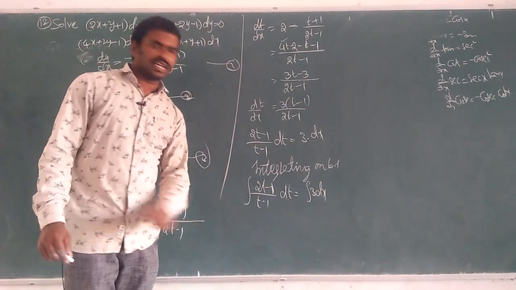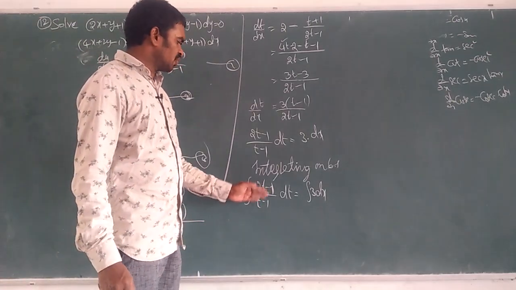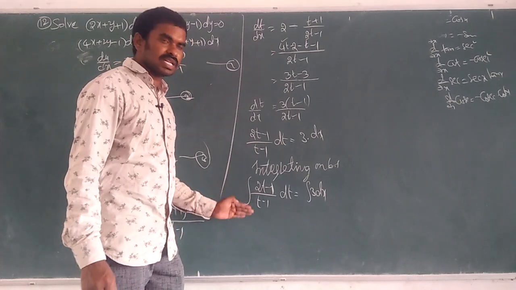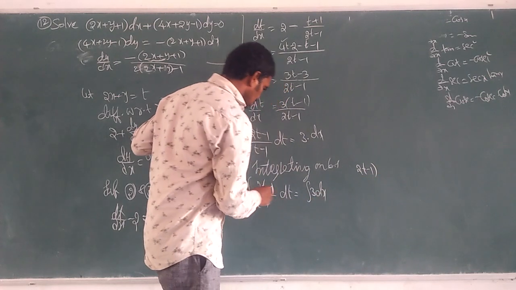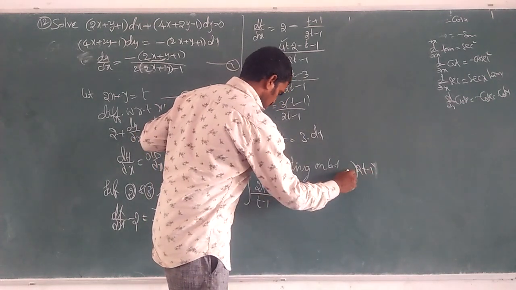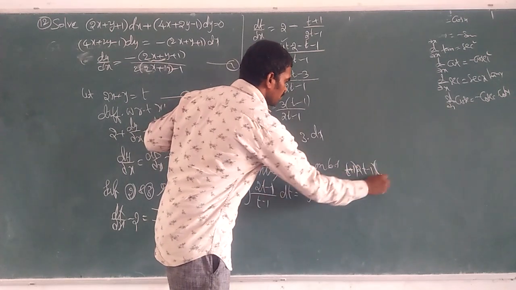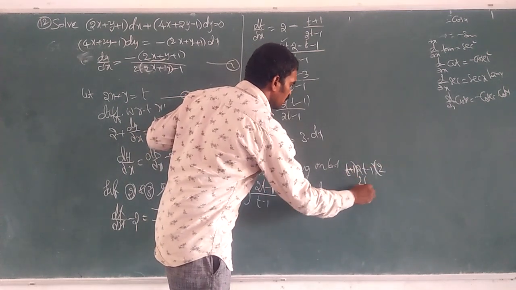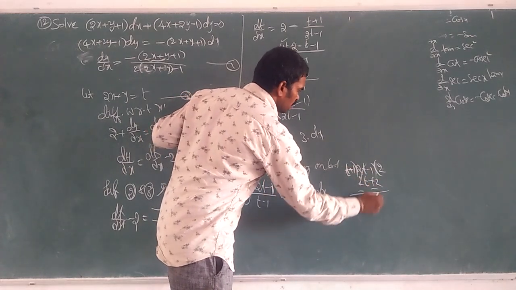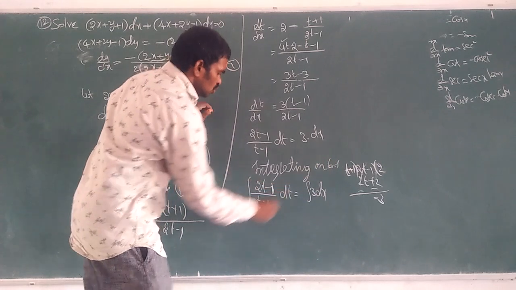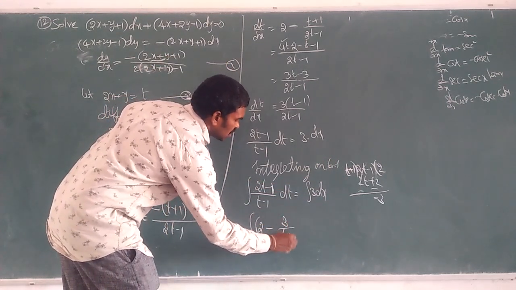So how to simplify this integration? Okay, so (2t − 1)/(t − 1) should be split. See, this 2t − 1 is divided by t − 1. t into 2 gives 2t, 2 into −1 is −2, so subtracting we get plus 1. That means 2 plus 1 by (t − 1).